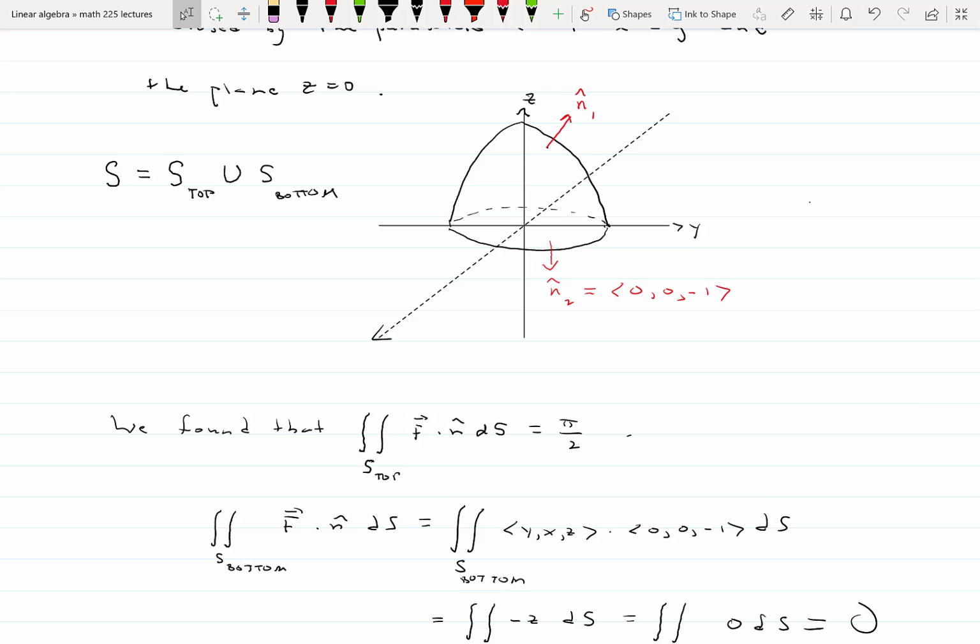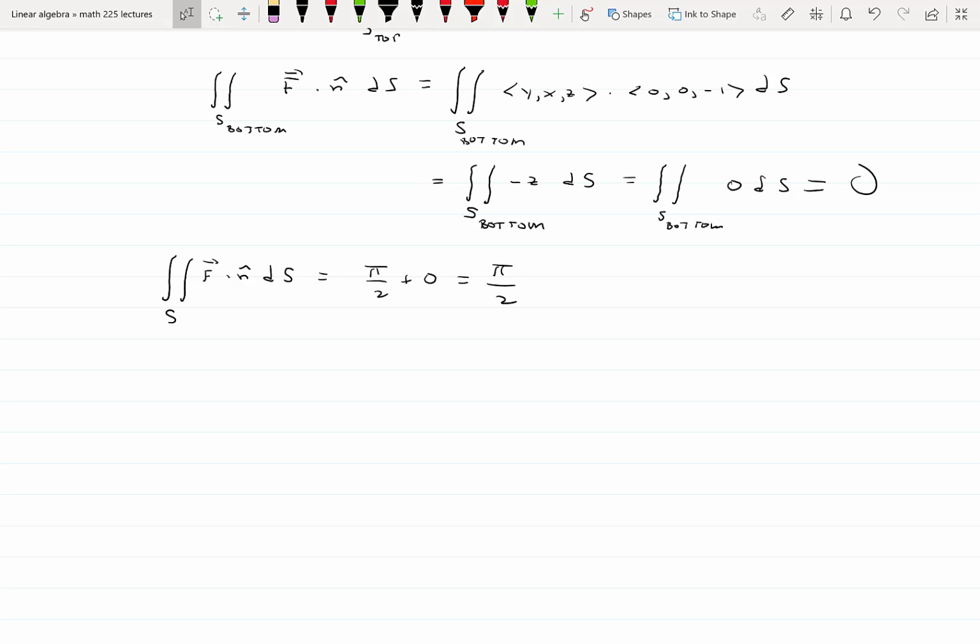I would like to compute the flux of the vector field over the surface by using the divergence theorem. So let's do that. Now let's use the divergence theorem.